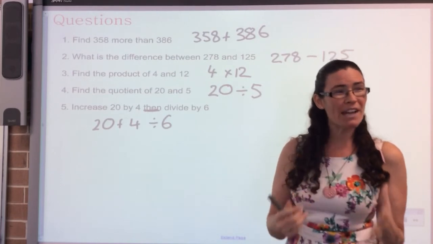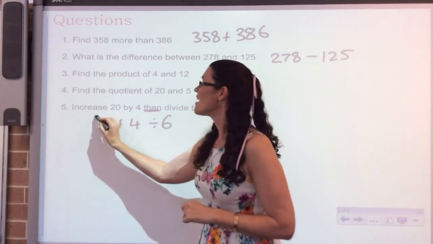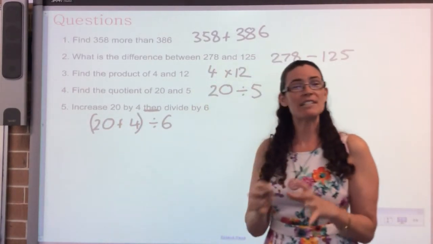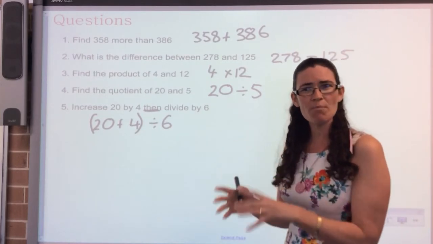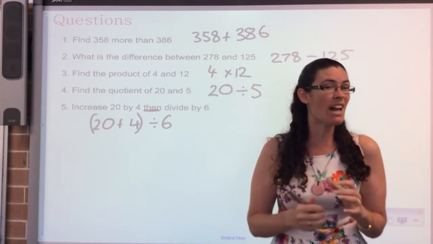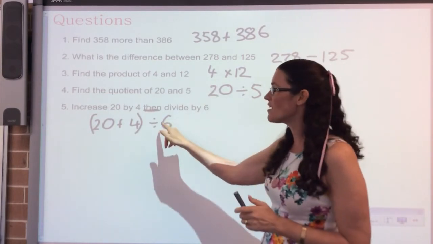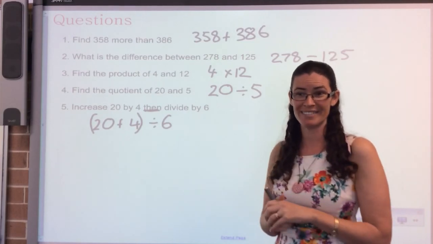Where would brackets go to fix this problem? 20 plus 4. Excellent. That takes care of the word then. So the word then is really important because it tells me I have to do the plus first, so it's going to have to be in brackets. Then I do the divide by 6. Is everyone happy with that? 20 divided by 6.